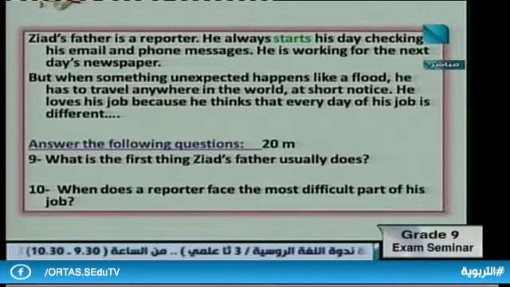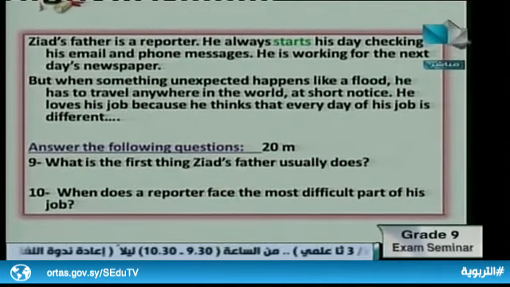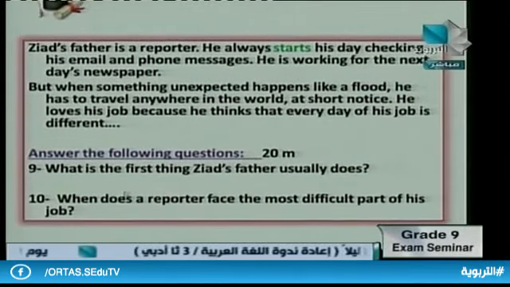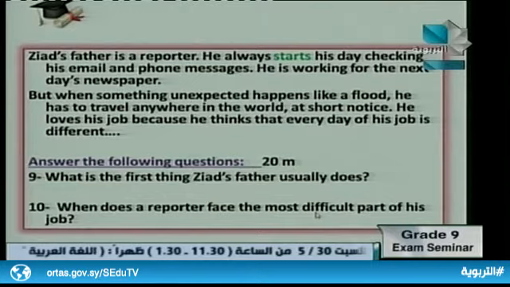Now, we have already mentioned that here we have "starts". So this means that we are going to write: he usually checks his email and phone messages. This is for number 9. Now, the second one, number 10: when does a reporter face the most difficult part of his job?